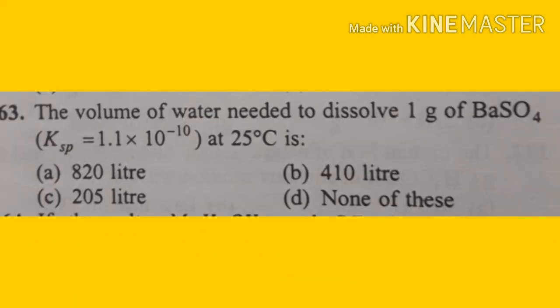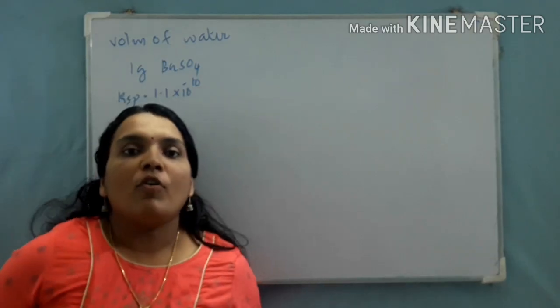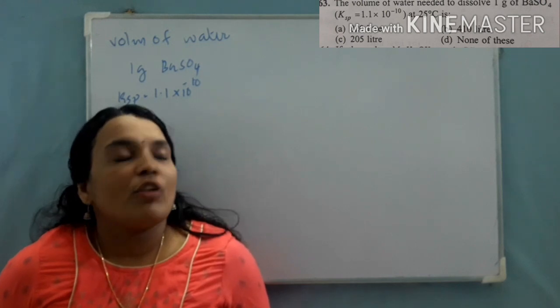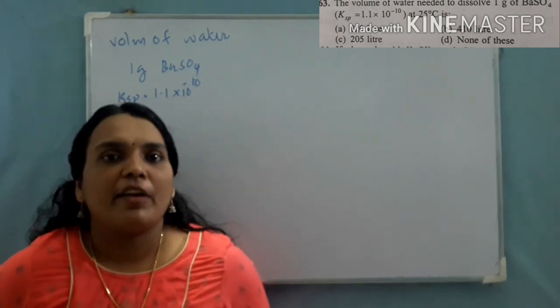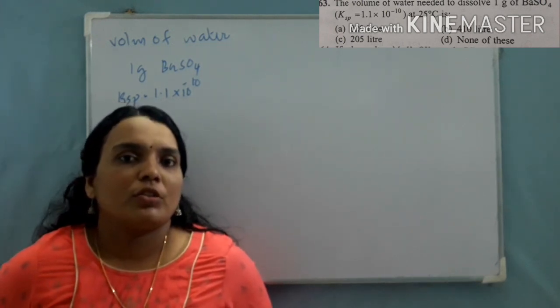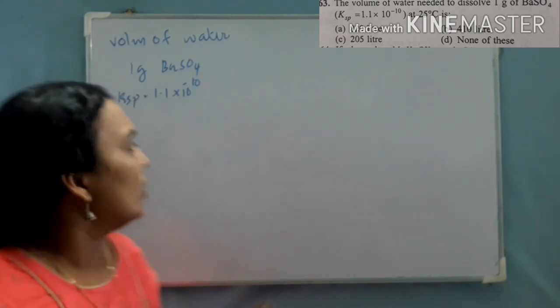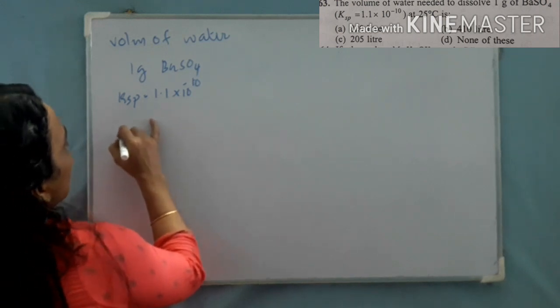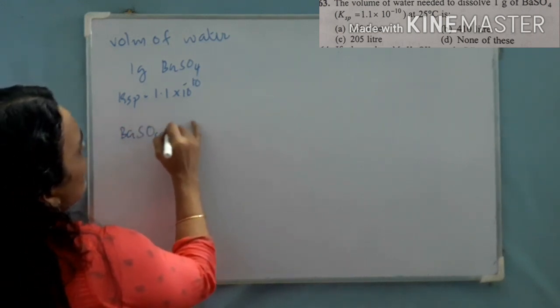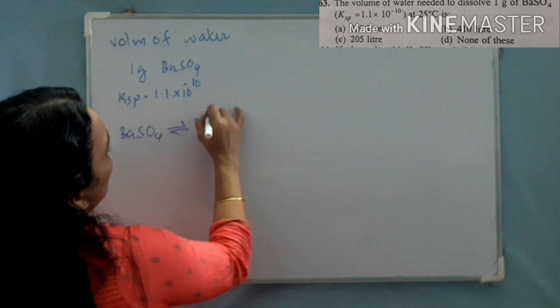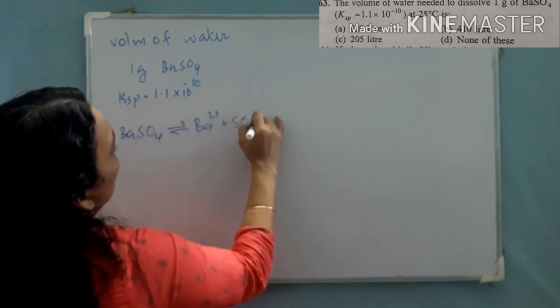Come to the next question. The volume of water needed to dissolve 1 gram of barium sulfate, KSP is equal to 1.1 into 10 raised to minus 10 at 25 degrees Celsius, is. Listen, the volume of water needed to dissolve 1 gram of barium sulfate is what we want to calculate. We know barium sulfate dissociates to Ba2 plus and SO4 2 minus.